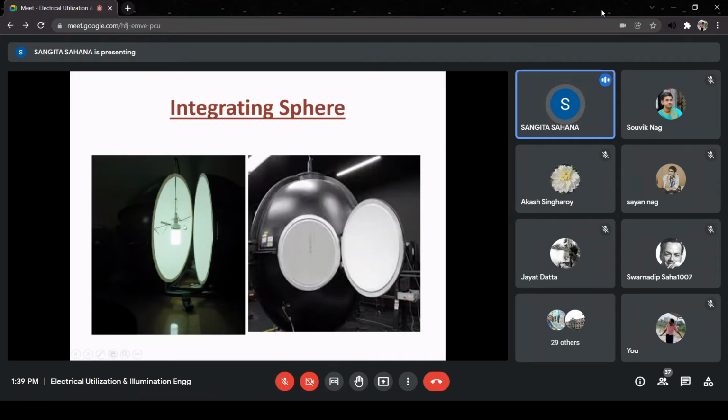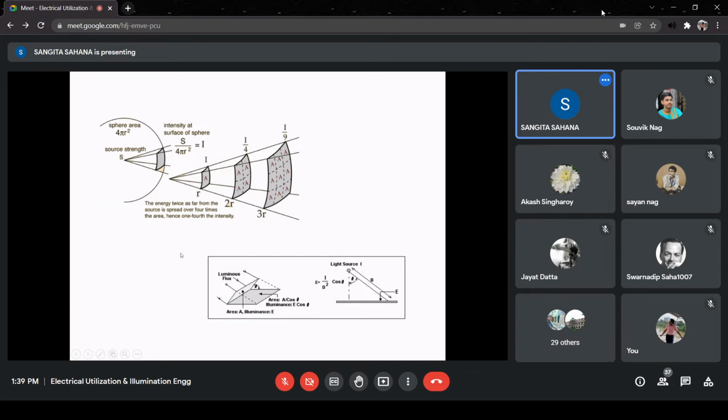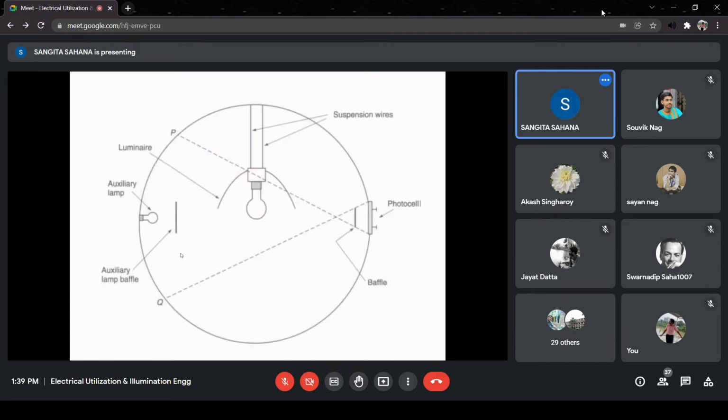This is the integrating sphere. The lamp is at the center. We have to measure the lumen output inside. So this is the inside of the sphere. The lamp is placed at the center. These are the suspension wires. This is the luminaire, the lamp along with the luminaire, or you can just simply put the bare lamp.